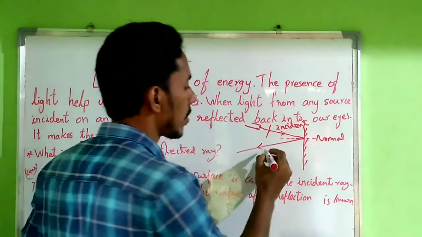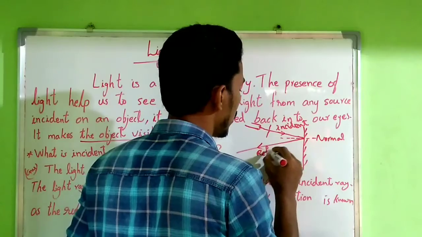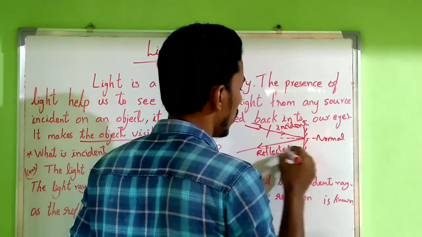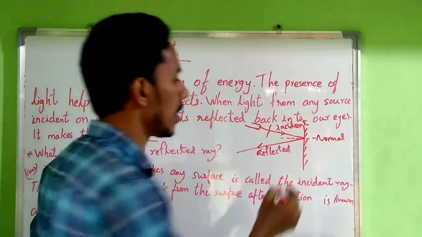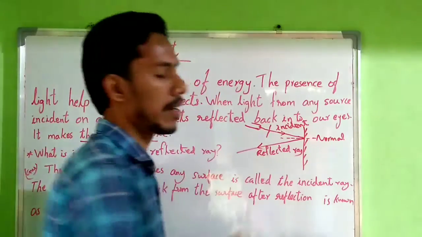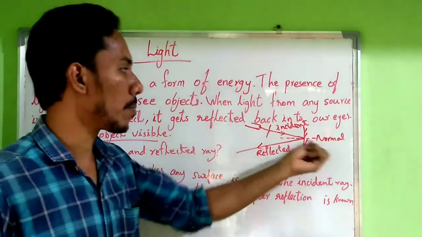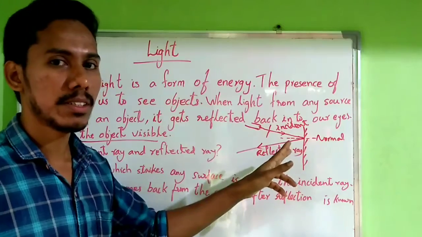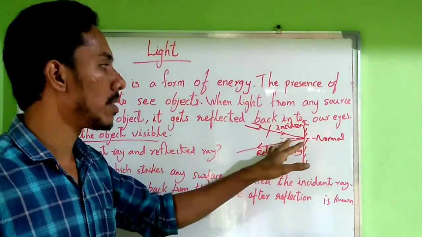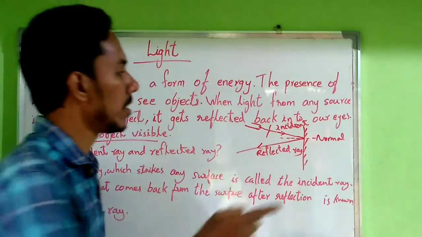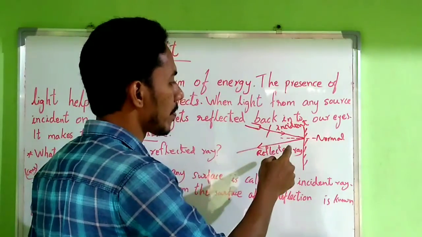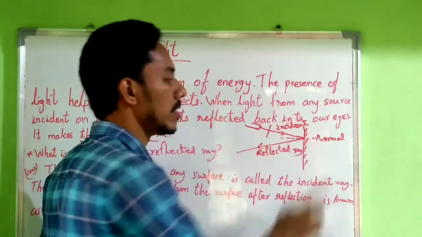This ray is called the reflected ray. So in this experiment, we discussed three lines: this is the incident ray, this is the reflected ray, and this is the normal.